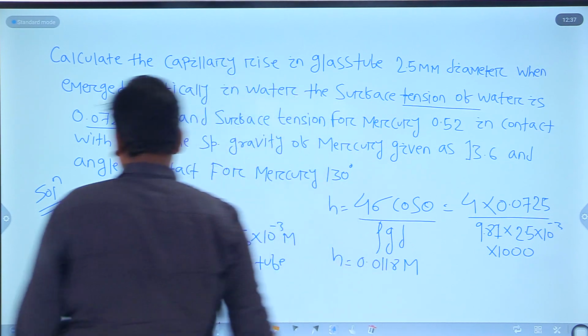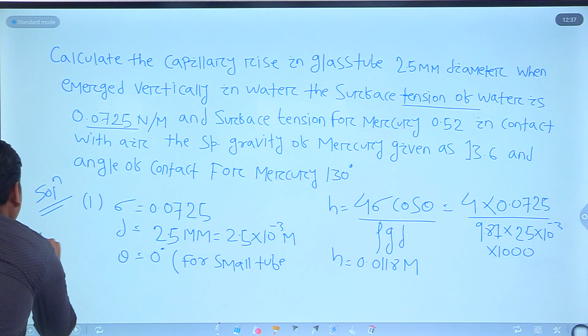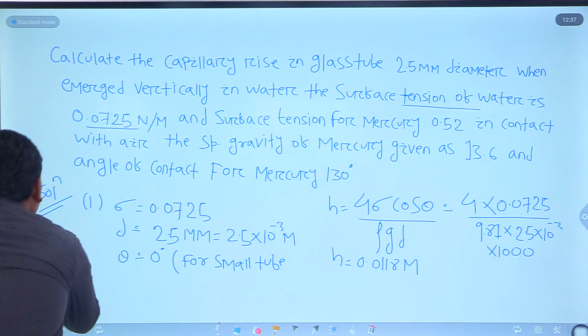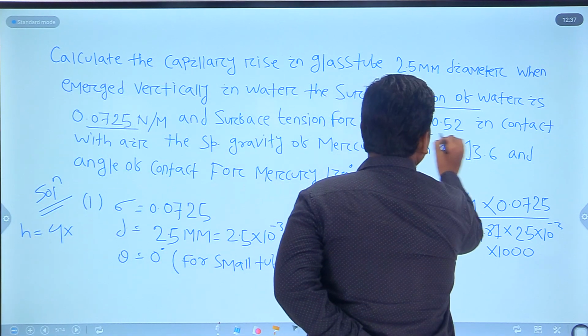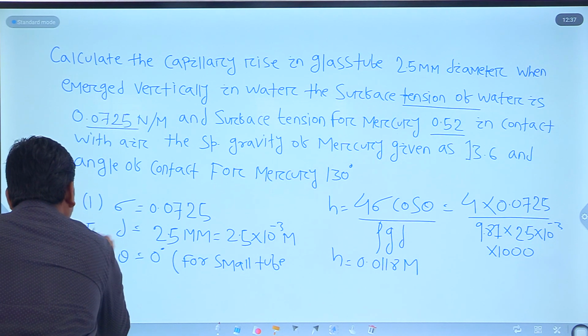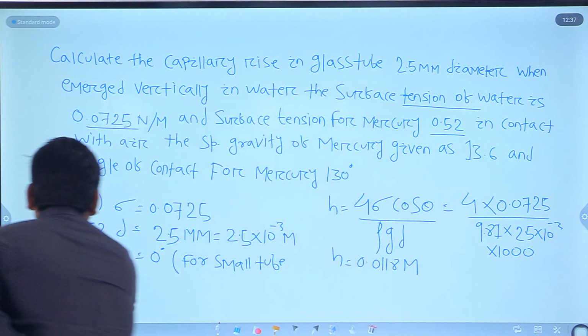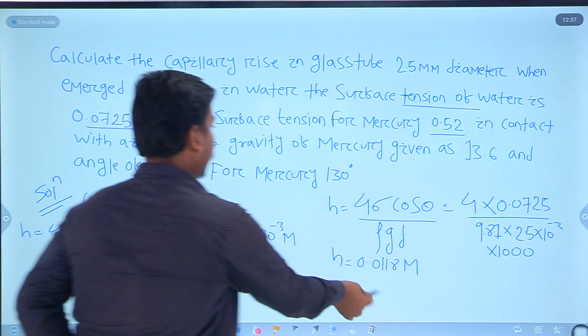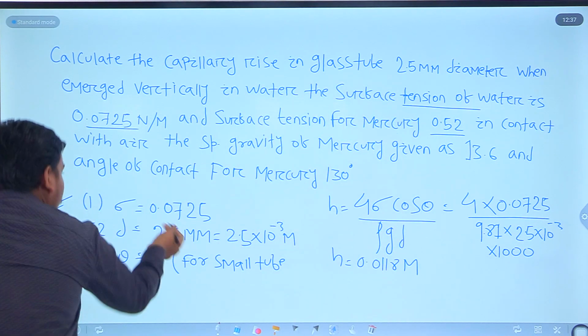For mercury, H is your what? 4 sigma. Sigma value for mercury is 0.52, divided by, for mercury, D value what?